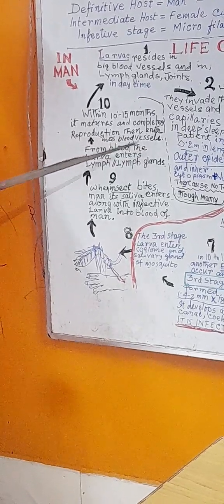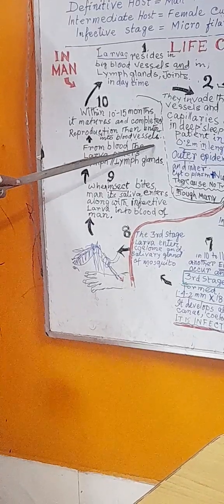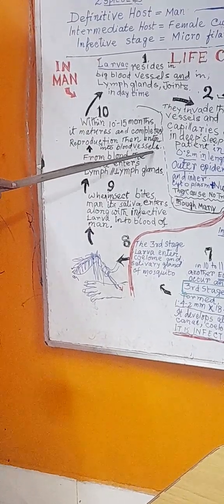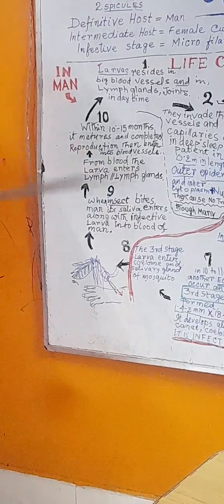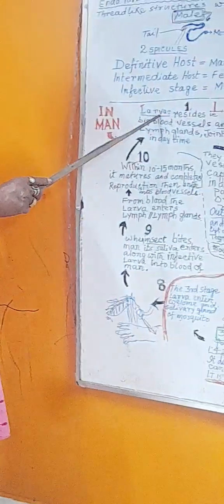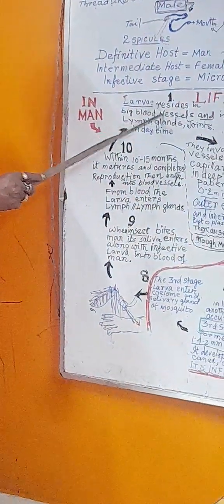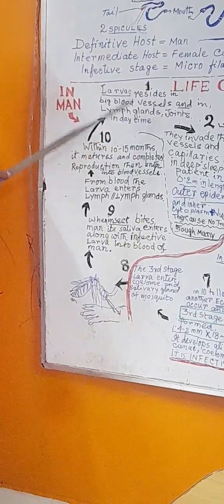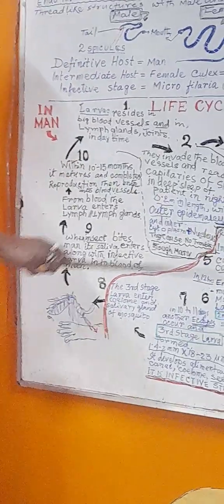Then it enters the blood vessels, and from the blood vessels it enters the lymphatic glands, as I said at the starting time. That is the number one. The larva resides in the big blood vessels, and so on. Then the life cycle is complete.